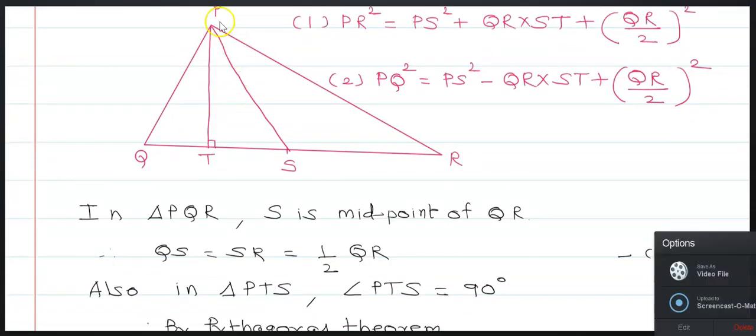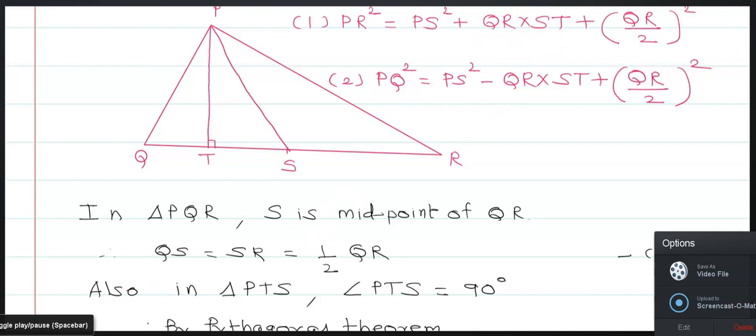See this here. This is the PR which is opposite to this obtuse angle, and therefore this PR square is equal to PS square plus this QR upon 2, that is SR square, QR upon 2 bracket square, and again the addition of these two quantities.